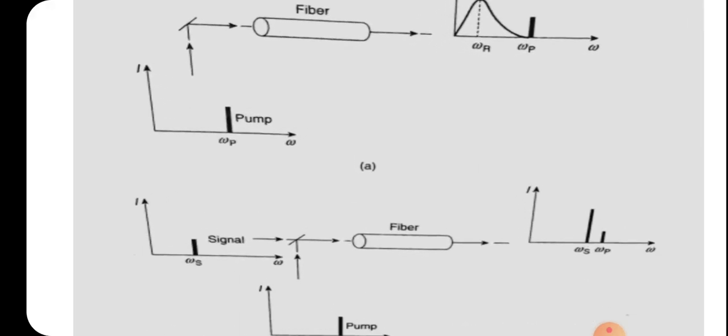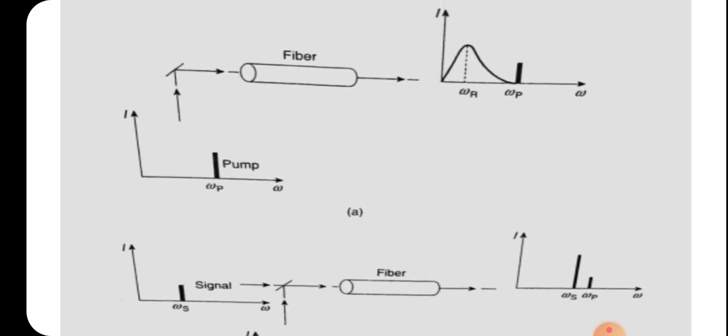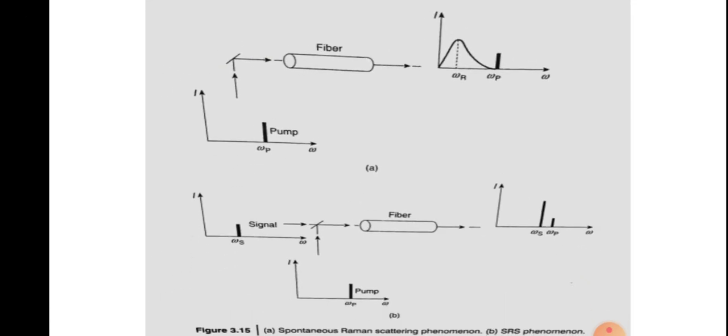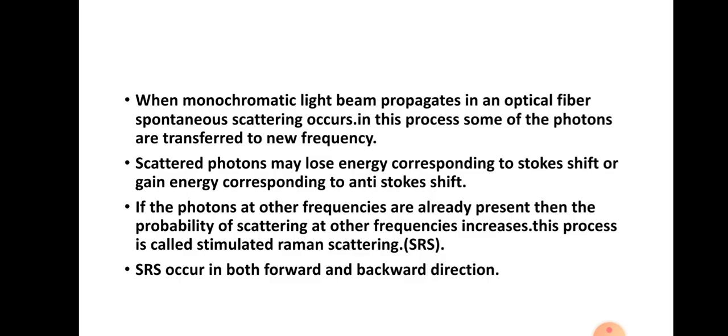When a photon of some energy is incident on the fiber molecule, the output frequency is reduced, and the molecules of the fiber attain some energy and vibrate at another frequency. This is called spontaneous scattering.